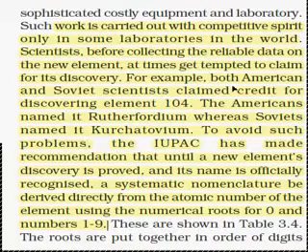For example, both Americans and Soviet scientists claimed credit for the discovery of element with atomic number 104. The Americans named it as Rutherfordium, whereas Soviets named it as Kurchatovium.